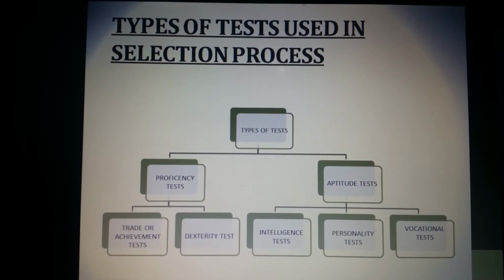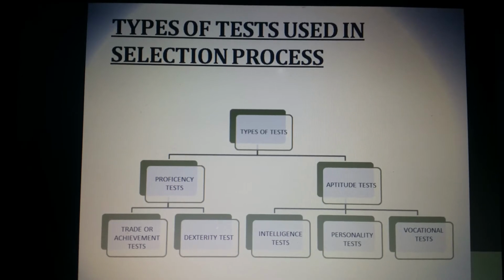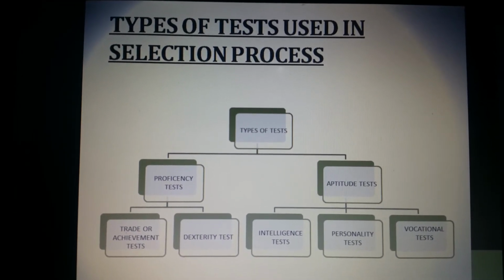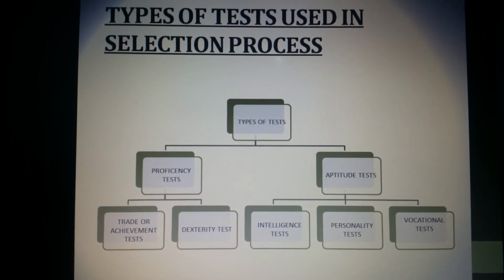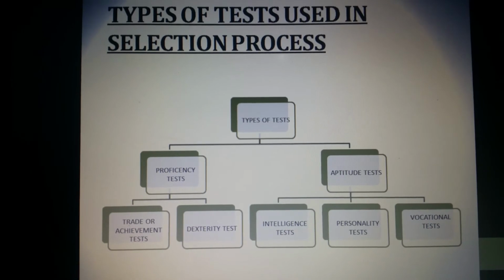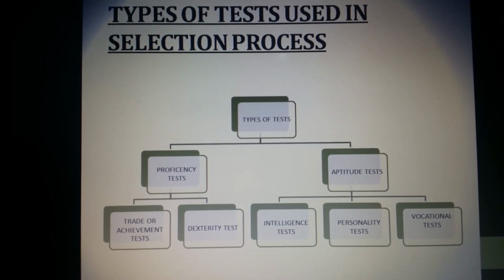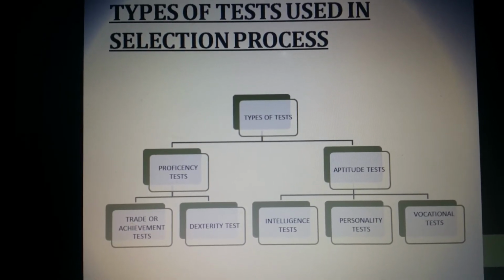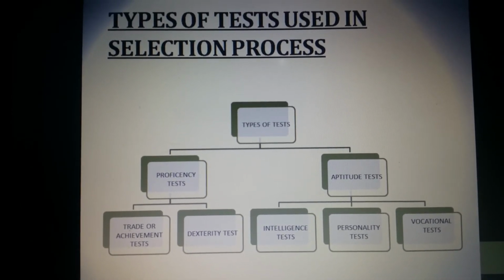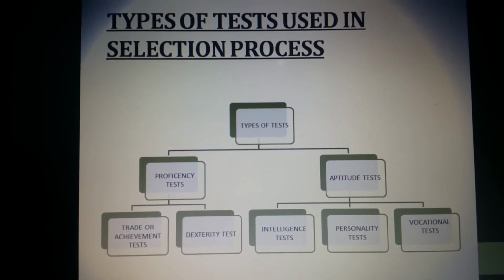On the other hand, a dexterity test is aimed at measuring the quickness and efficiency with which a candidate uses his hands and fingers. So basically, dexterity tests are conducted for jobs which involve a lot of typing, like assessing the speed of using a typewriter or typing a particular text. In such cases, you use the dexterity test.